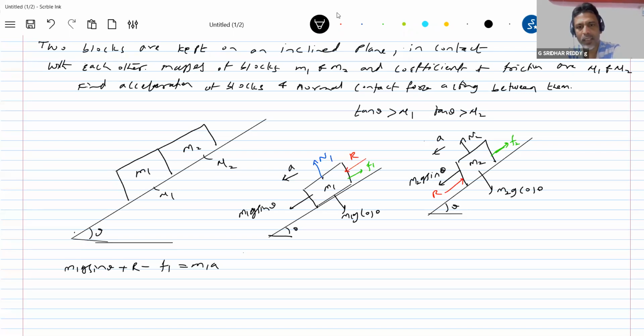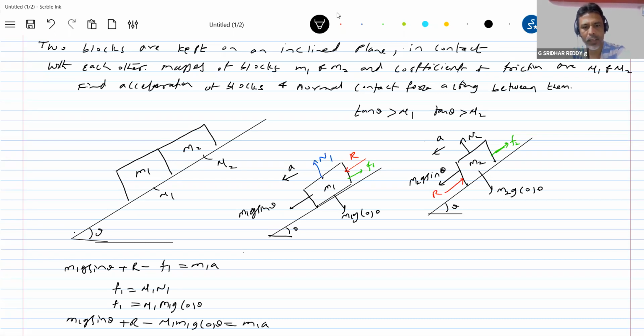Further, what is F1? F1 is mu1 N1, and N1 is equal to m1g cos theta. Substituting this, m1g sine theta plus R minus mu1 m1g cos theta equal to m1a. Keep this as equation 1.